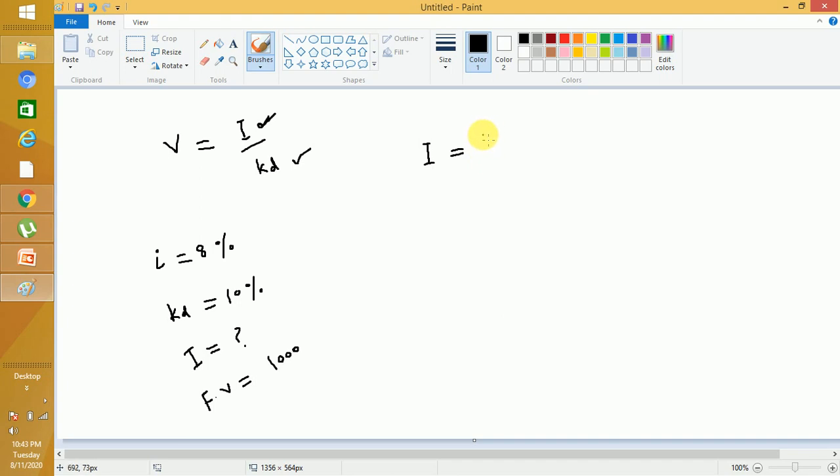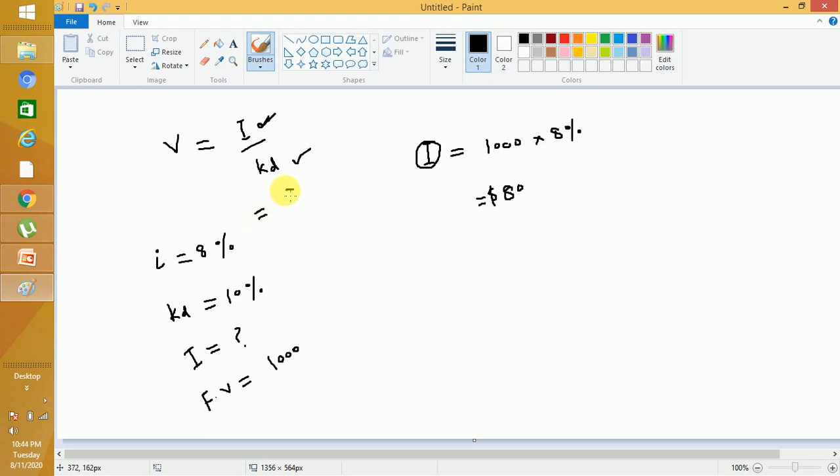So first we will calculate the amount of interest that this bond is paying. 1000 is the face value and 8% is the interest rate. When we calculate this, we get 80. So this bond is paying $80 interest. Now just put these values in this formula.